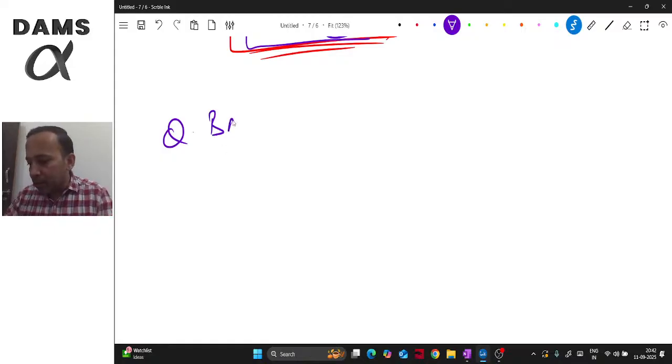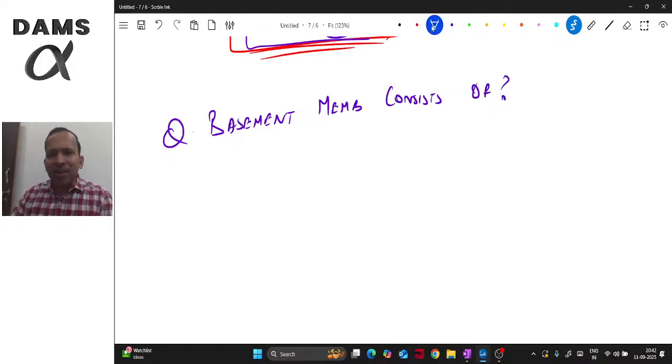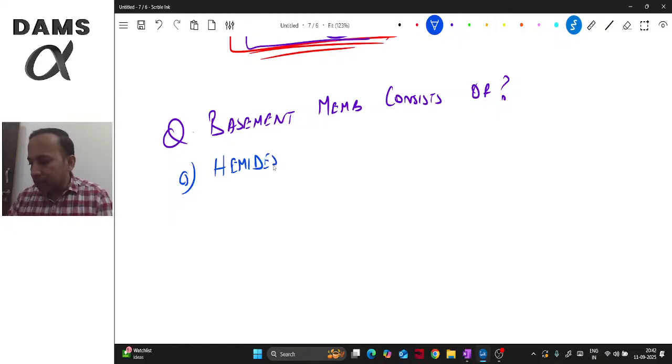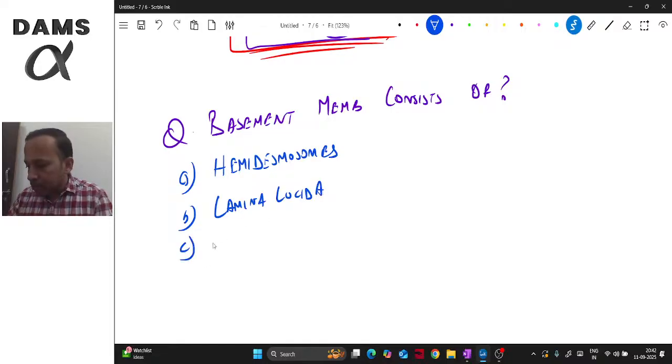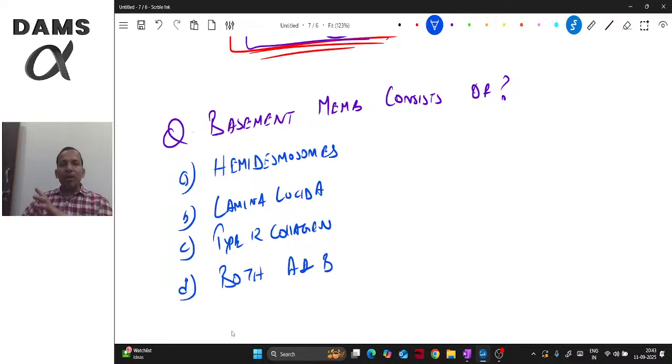Or let me rephrase it. Basement membrane consists of, or basement membrane contains, or basement membrane shows: option A hemidesmosomes, option B lamina lucida, option C type 12 collagen.